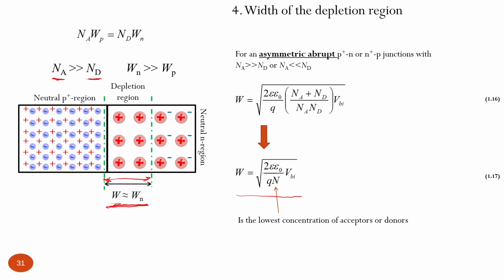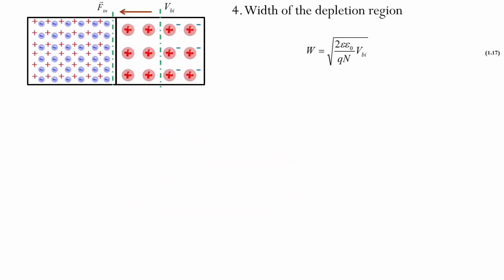And this equation will help us determine the width of the depletion region. So once we have this asymmetric p-n junction with the depletion region almost fully concentrated in the N-type semiconductor, this is the equation. Now we see that epsilon, the electric constant, and the concentration N, in this case of donors, are parameters which you cannot change.